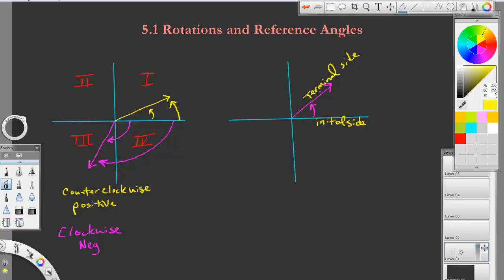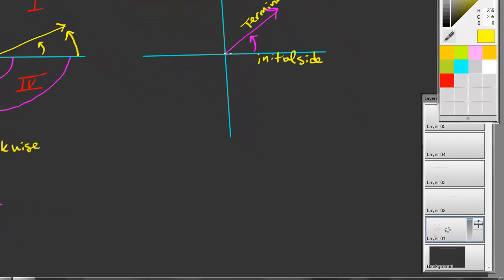So the end of the angle is called the terminal side, and where it starts is the initial side. And if you ever hear an angle is in standard position, that means you have a terminal side and an initial side. And of course, this elbow of the angle from geometry class is called the vertex. So just a little vocabulary for you, no big thing.